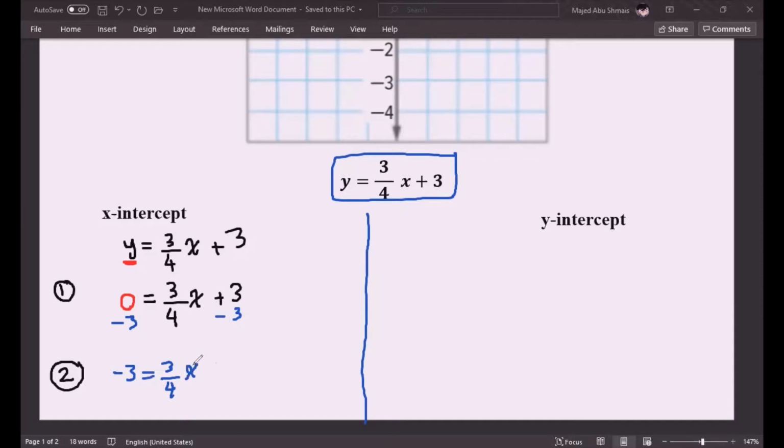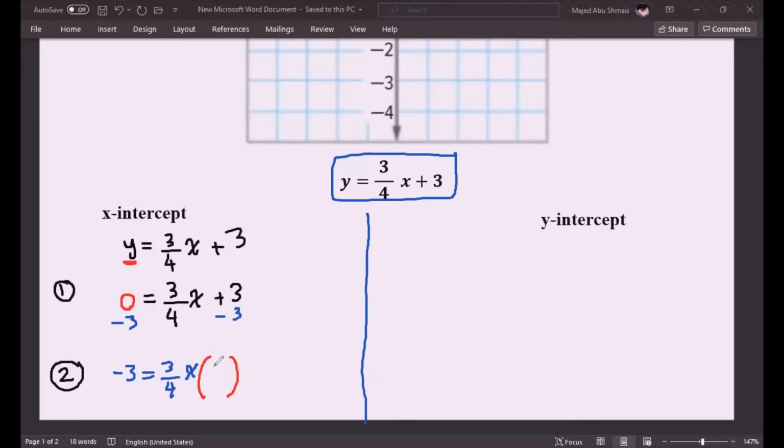This is an equation that has a rational coefficient. How can we solve it? The best thing we can do is to multiply both sides by the reciprocal of this factor, the factor of the x. We need to find x. We need to leave x alone on one side of this equation.